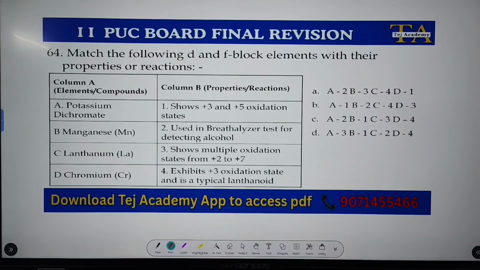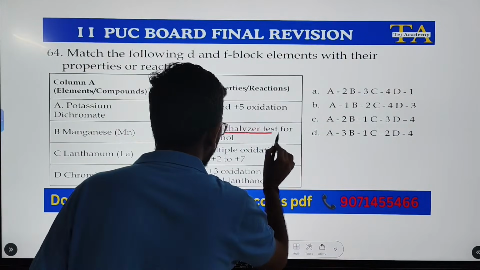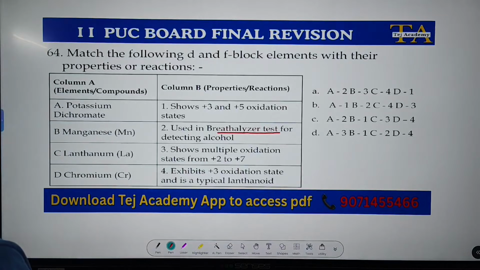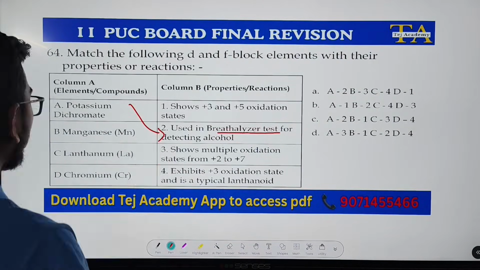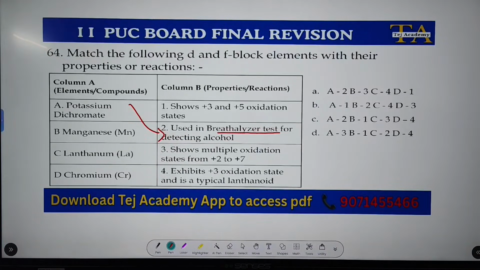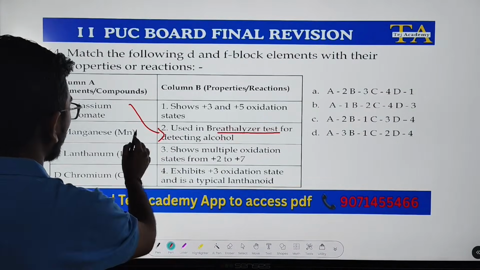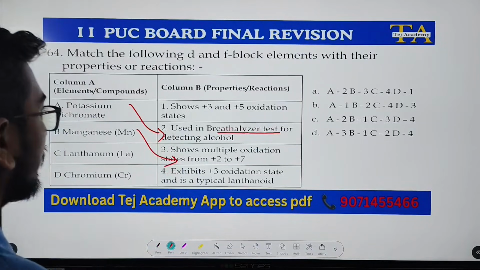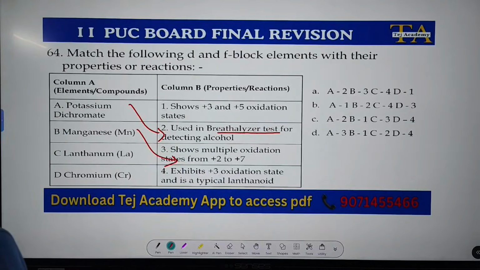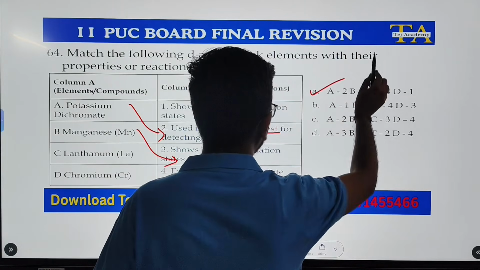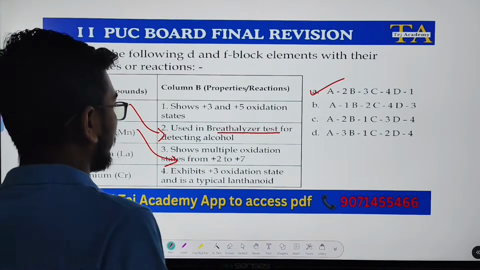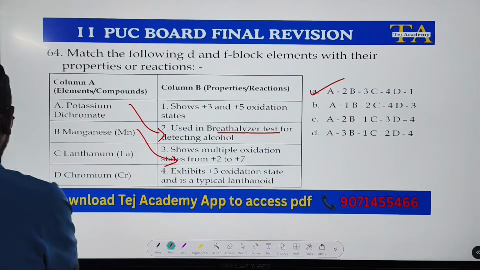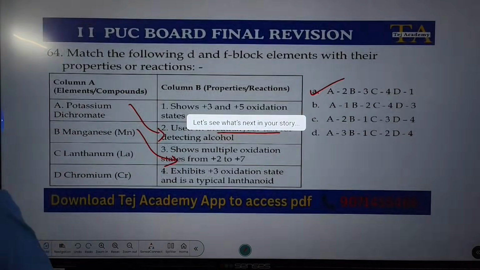So along with elements and properties we have to identify: potassium dichromate, manganese, lanthanum and chromium. Potassium dichromate is used in breathalyzer tests for detecting alcohol. Correct. So for A, 2. Manganese will show +2 to +7 oxidation states. Lanthanum will show multiple oxidation states. So if you check for B3 among these 4 options, A is the only option showing the third option for B. So option A is the right answer.